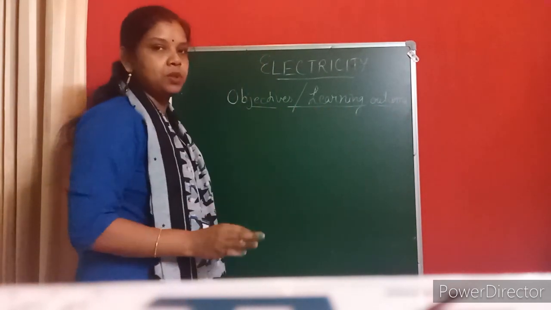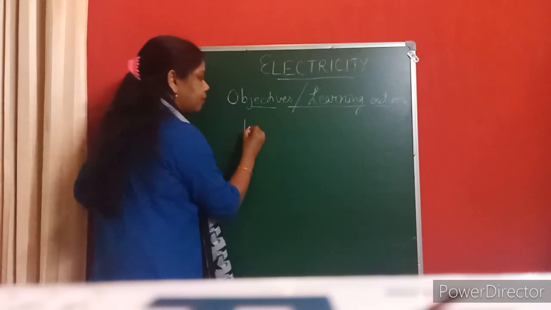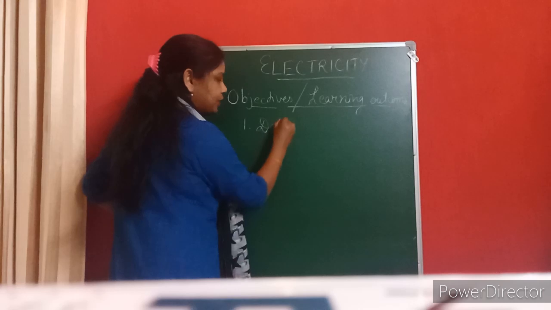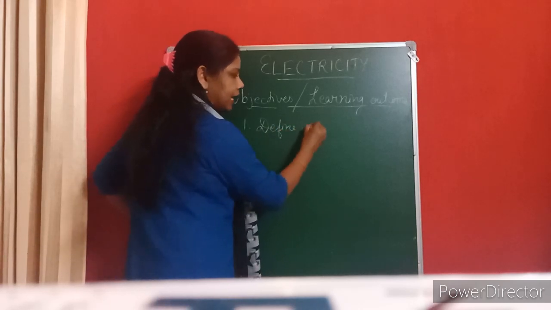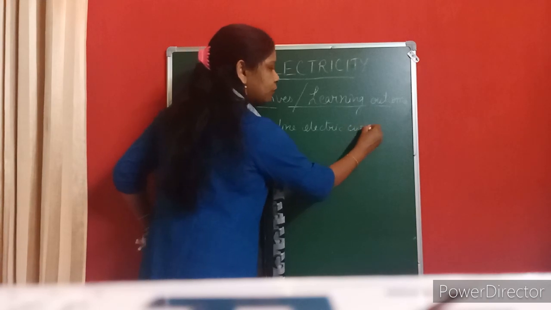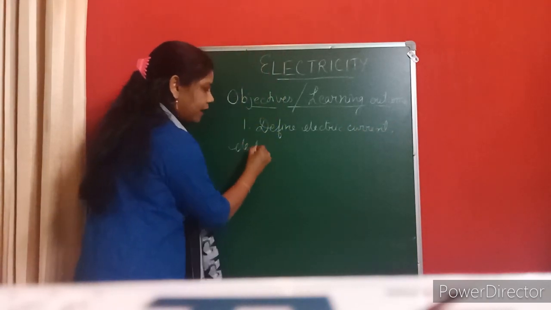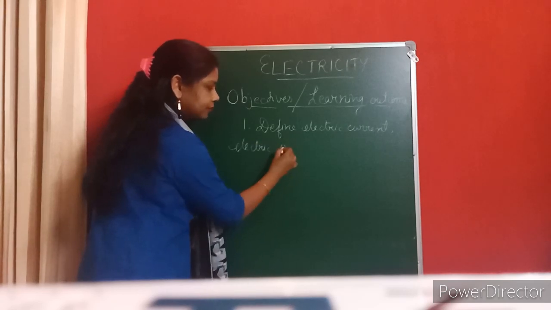After finishing the chapter, the things that we should learn are: number one, we should be able to define electric current. We should be able to define electric potential.